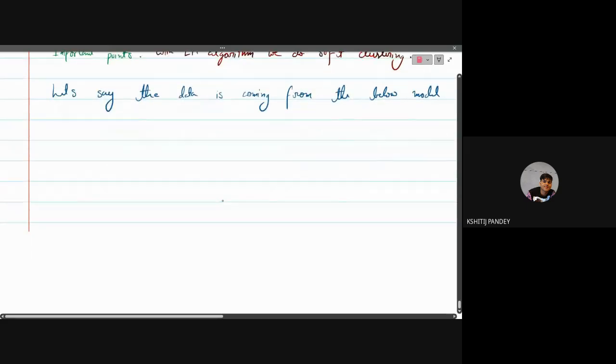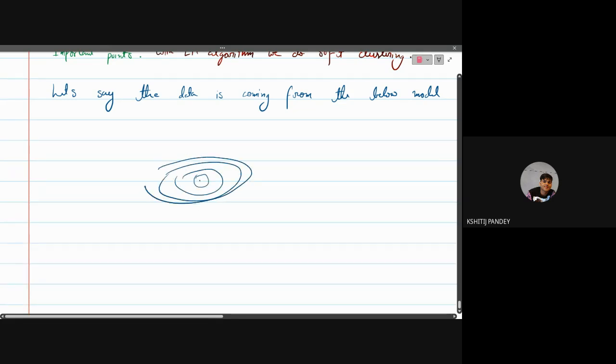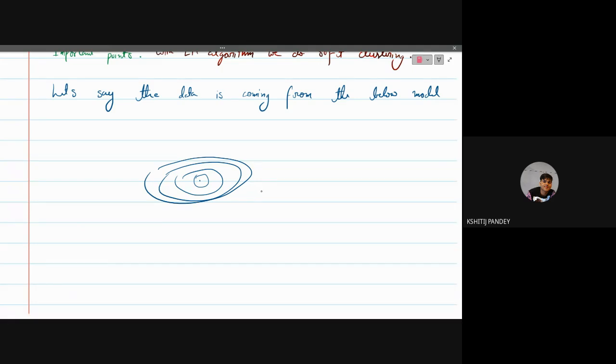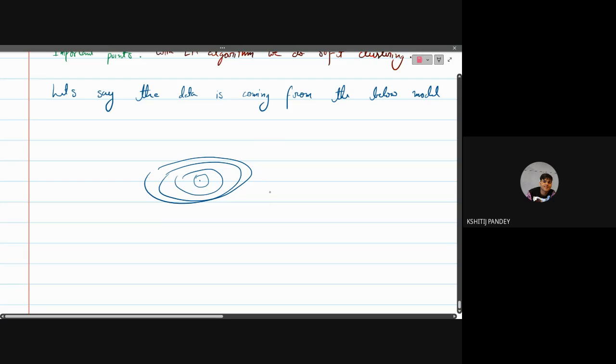And here the underlying probabilistic model of generating data has two Gaussian mixtures, one like this and the other like this. I'll take a different color. So the other one is like this.